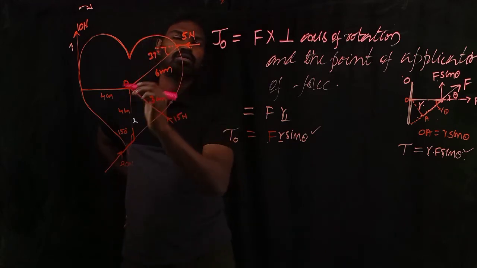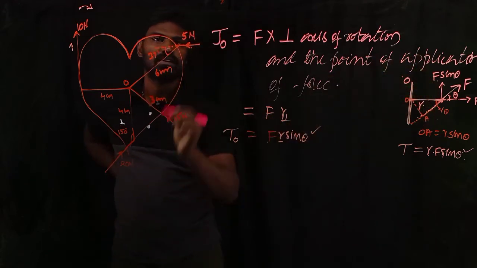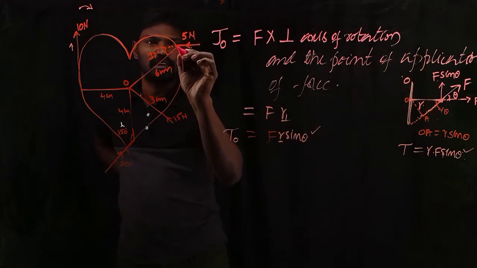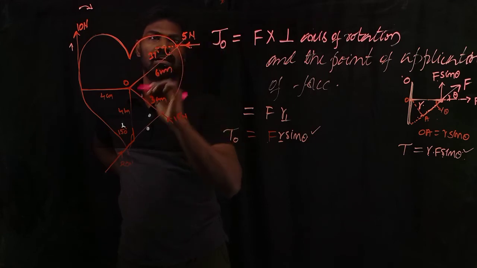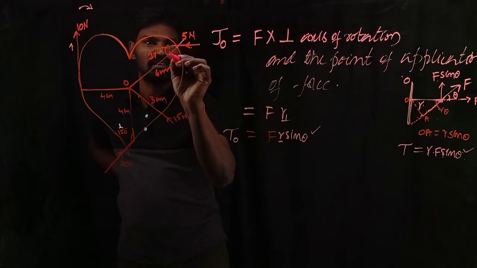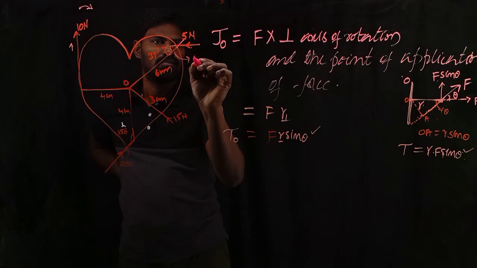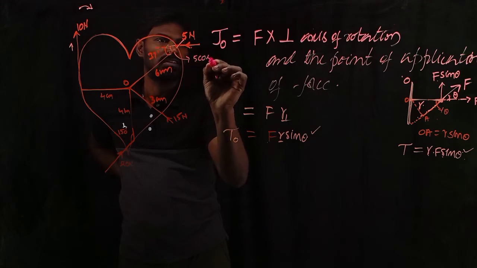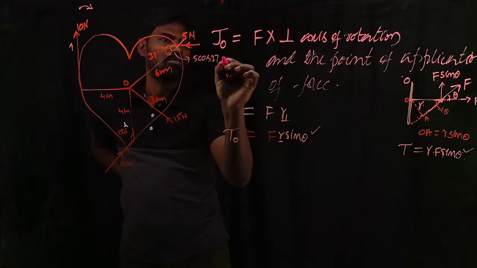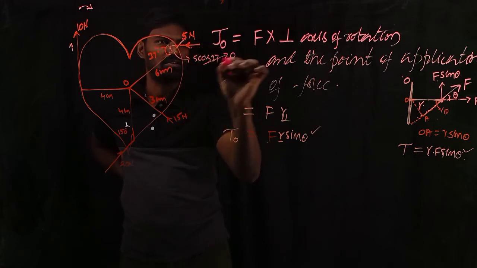And this 5 Newton force, how to write it down? Instead of going through the line of action method, I would like to consider the component of force method. The component of force in the direction of line of action, this is the line of action direction, so the component of this 5 Newton force in this direction is 5 cos 37, and since the line of action is passing through O, the torque due to this force is 0.